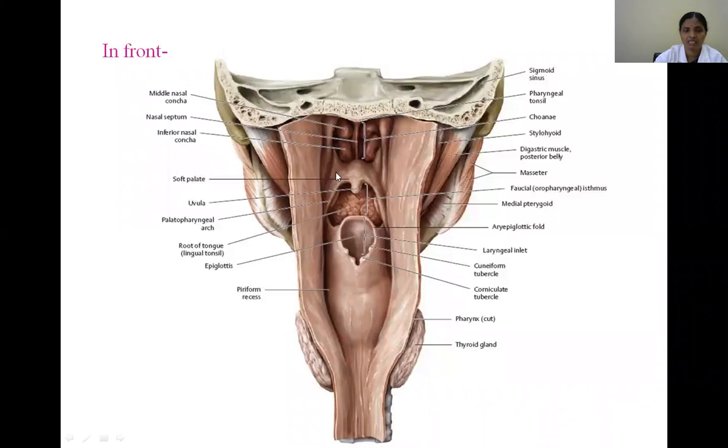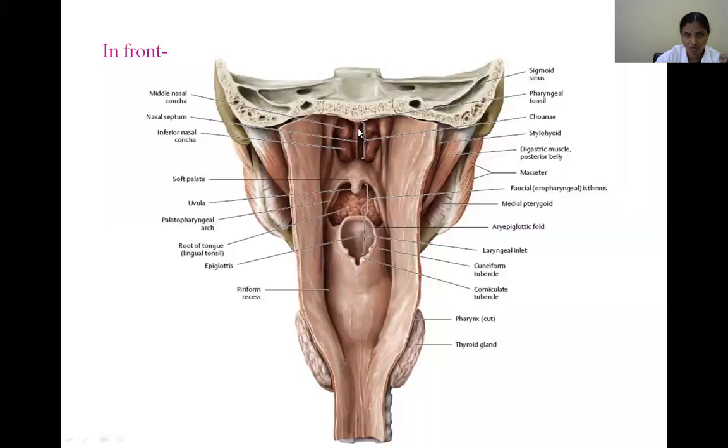Then what are the relations in front? The pharyngeal cavity is related anteriorly, from above downwards. The uppermost part of the pharynx is just a backward extension of the nasal cavity, and it is important for respiration. Functionally it is related to the respiratory system, so that portion is known as the nasopharynx.